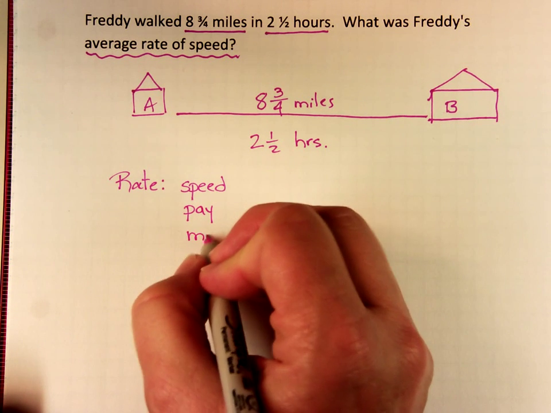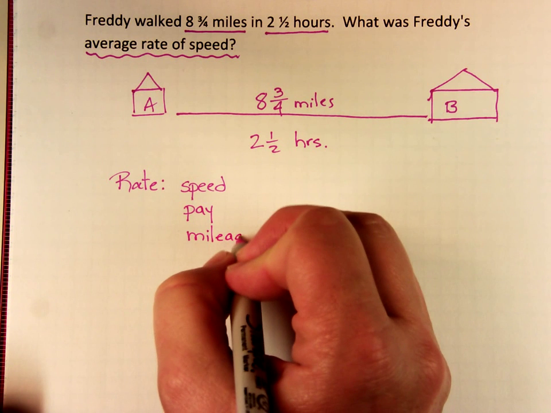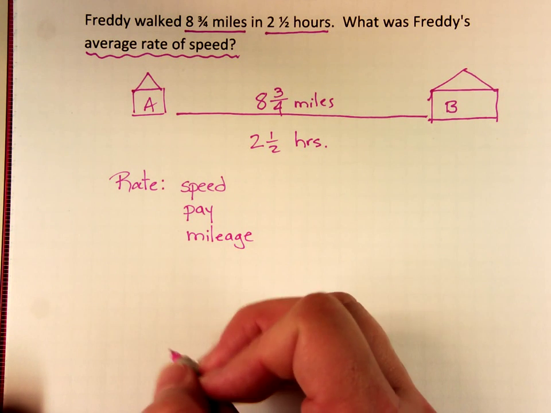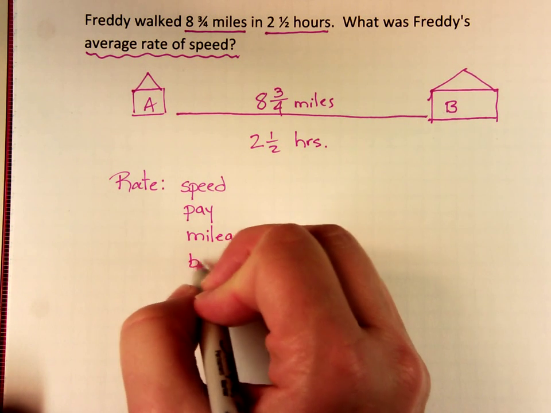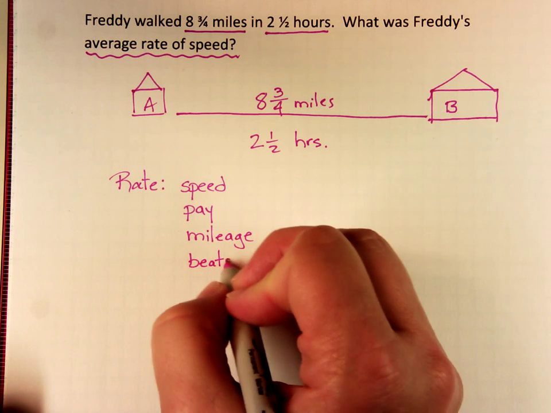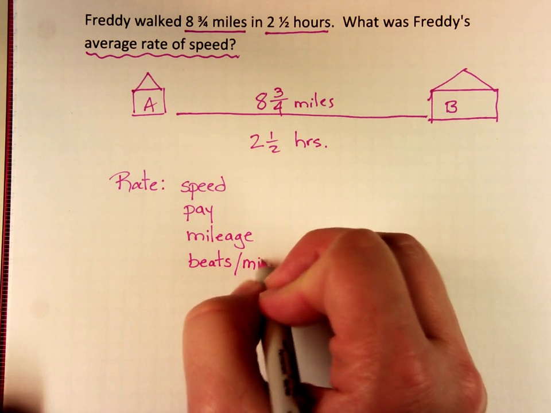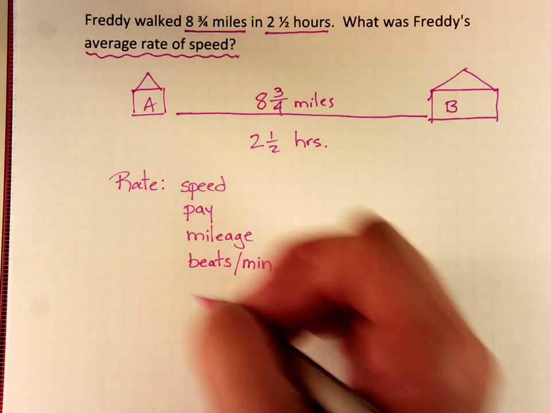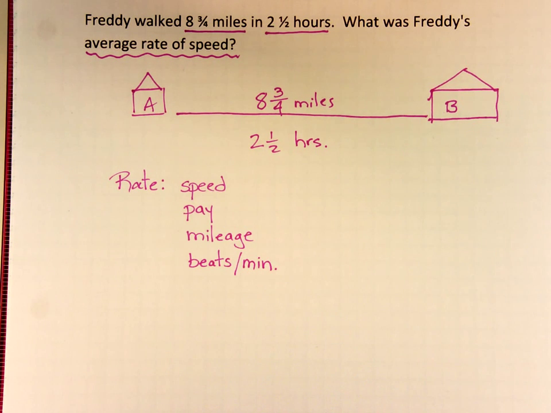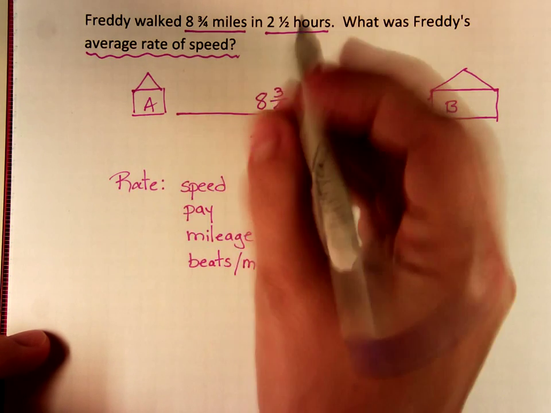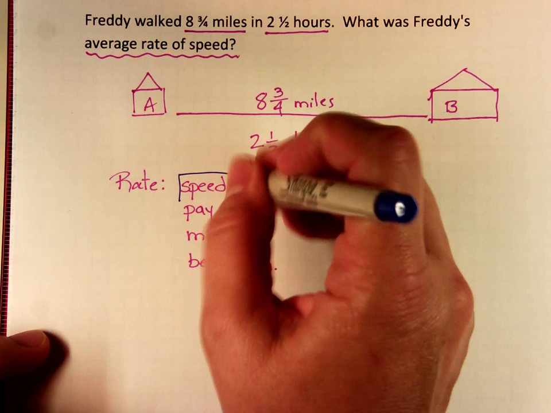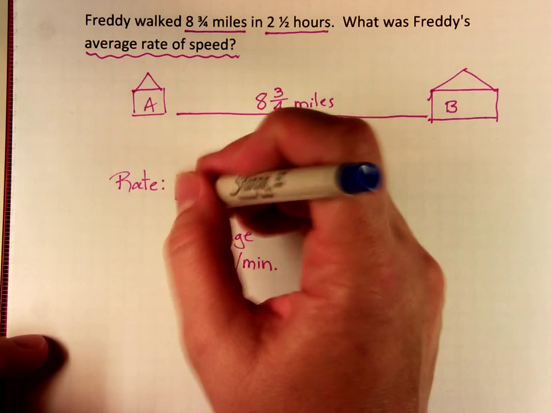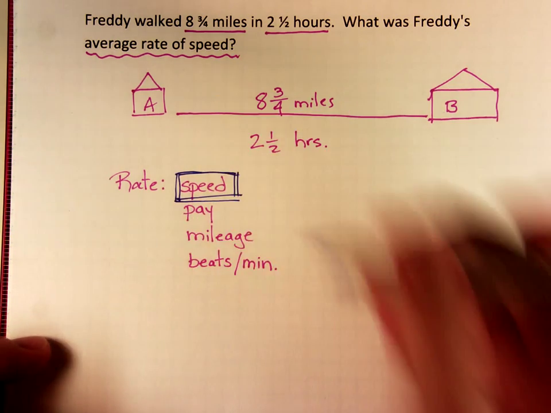You can have mileage, miles per hour. And another one that we've talked about is beats per minute. Maybe a nurse would use that if she needs to take someone's heartbeat or heart rate. So these are types of rate. And I can tell from looking that today we're talking about rate of speed. Just highlight that one.